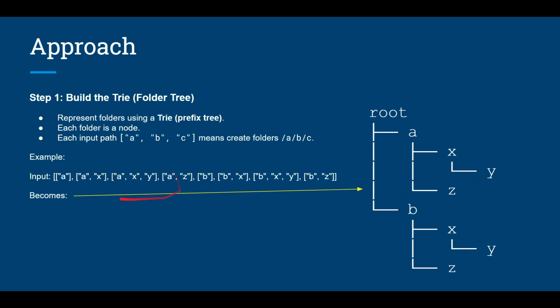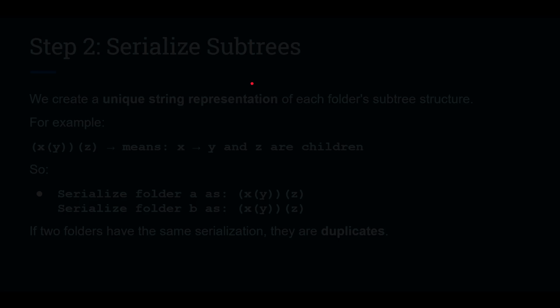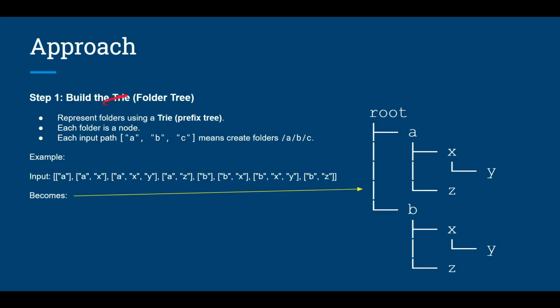So once we do the serialization, first we have to build the trie, meaning we represent the folder structure as a trie, a prefix tree.